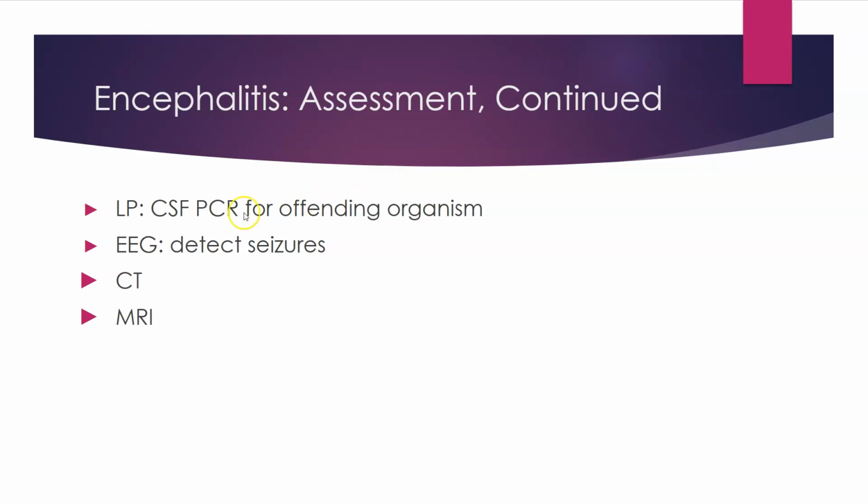So for assessment, CSF fluid, like I said, we're doing PCRs, trying to see if we can figure out what the organism is. We'll do an EEG to try and detect any seizures if we suspect seizures. It's not like we're putting an EEG on waiting for this necessarily.